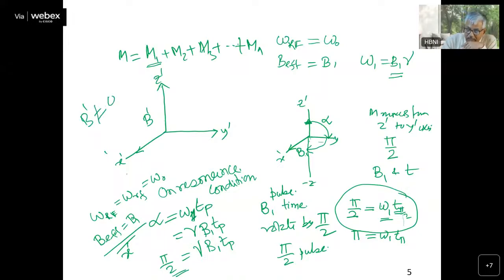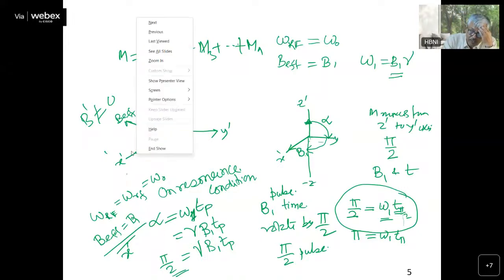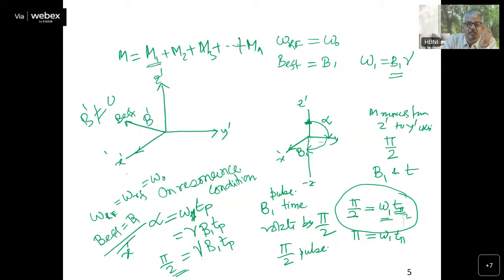Under those conditions you will have a B effective. As I told you, if you bring the B effective very close to the xy plane, or along the x prime axis, then you will get the full strength of the signal. That means your B1 should be very strong.